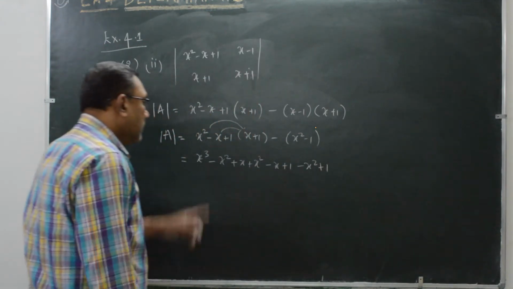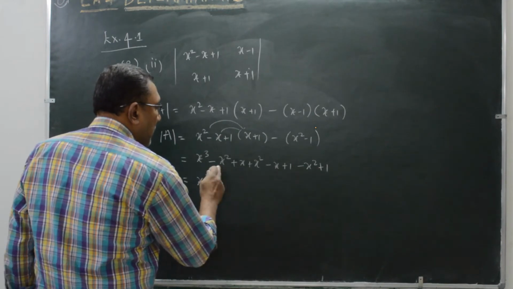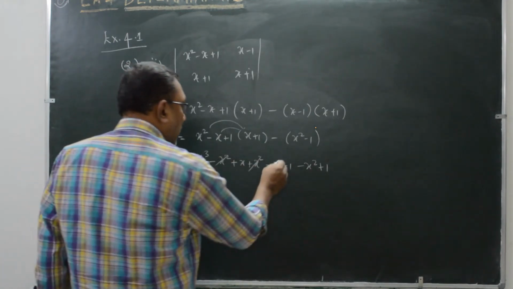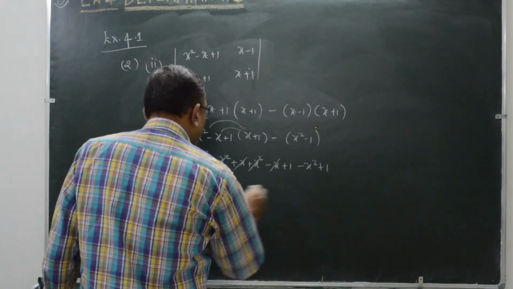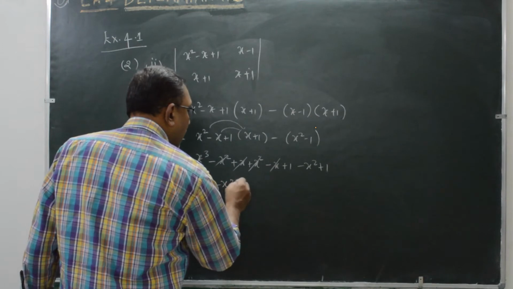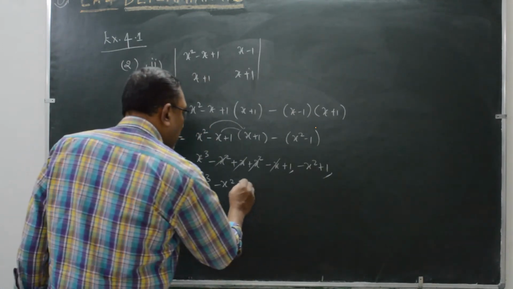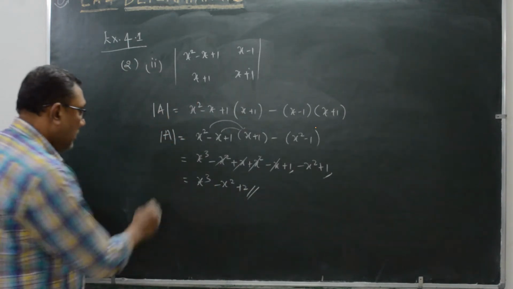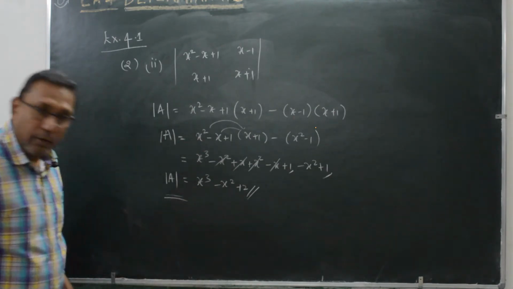Simplifying this, x square cancels and x cancels. We are left with x square minus x square, and then there is 1 here and 1 here, which is plus 2. So this is the unique number associated with this, which is the determinant value.